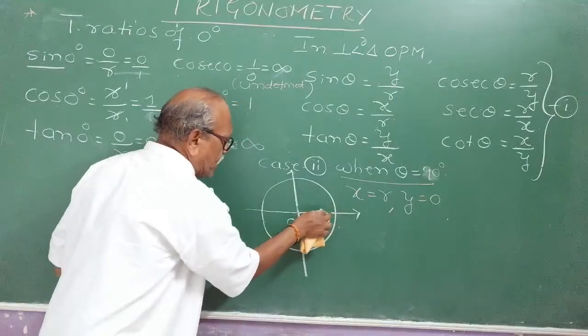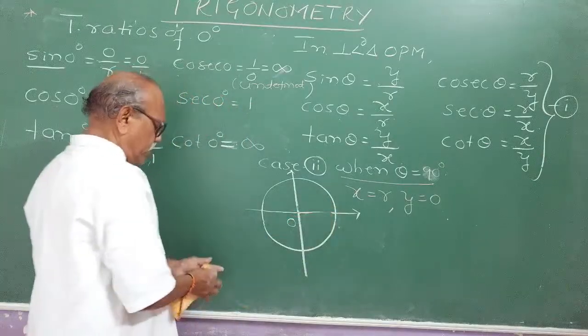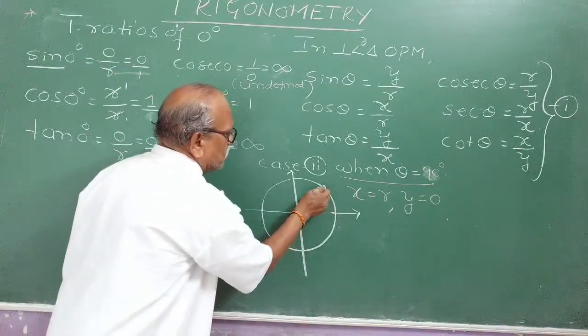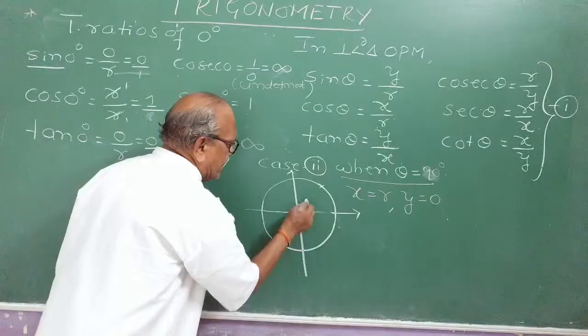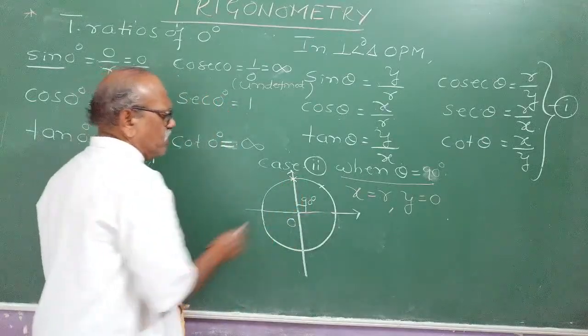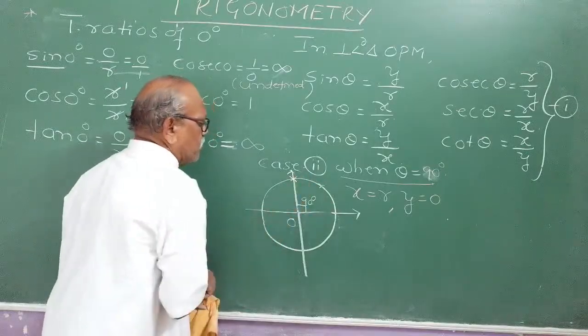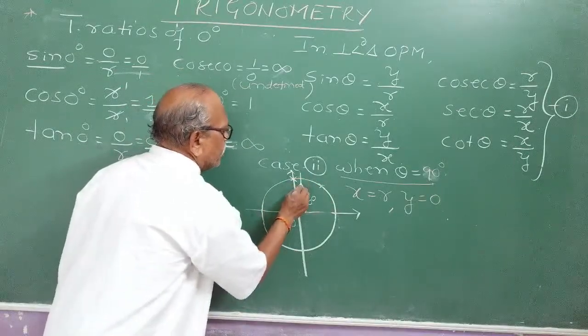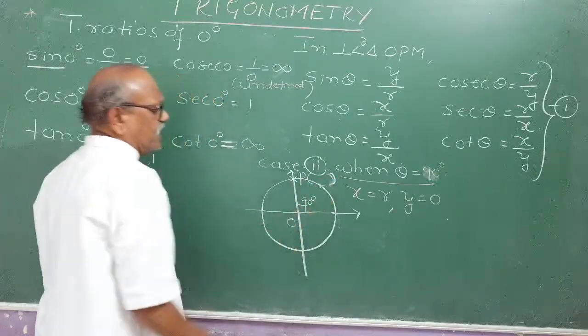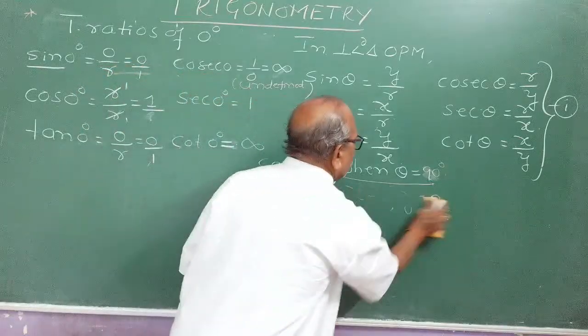You can draw a new diagram. It is better so that you will not have any confusions. Here was the angle PXY. When this becomes 90 degree, it will come on what? Y-axis. Now our point P comes there on the y-axis. Observe, when theta is equal to 90 degree, what are the changes that take place?